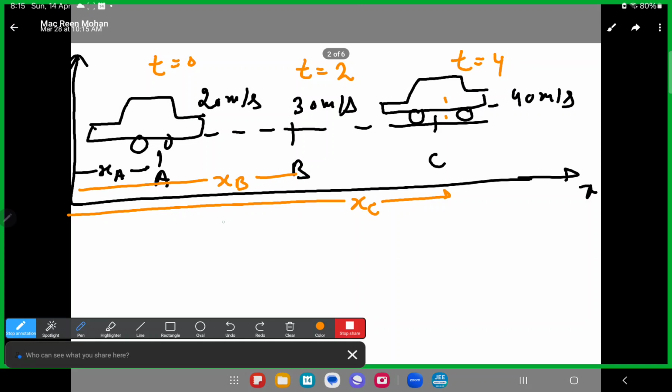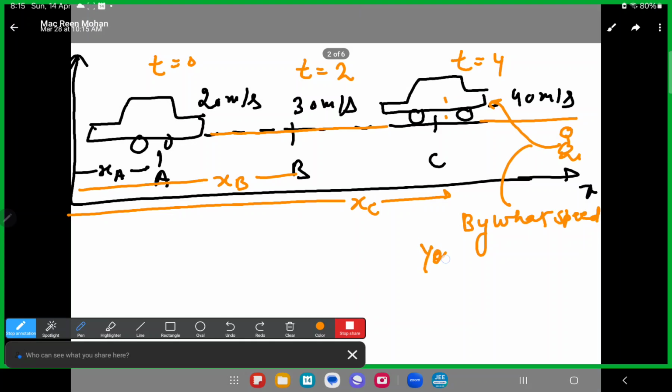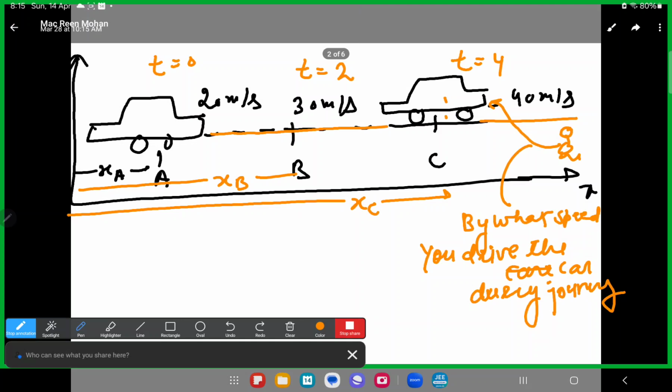Now if I have to calculate, let's say I'm standing here and I'm asking the driver by what speed you have driven the car during the whole journey.